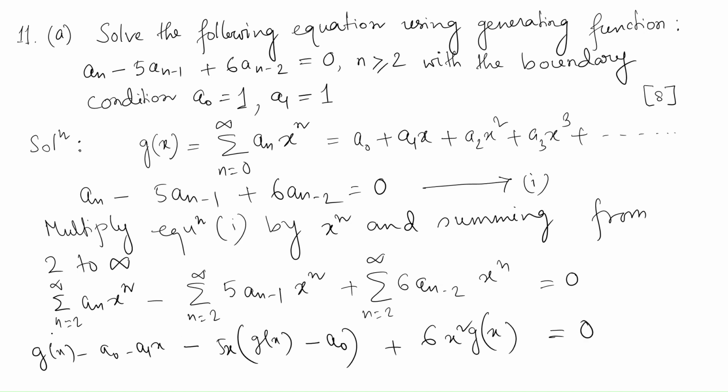Now let us take G(x) common and put the values of a0 and a1. Then we'll get the equation as G(x) equals (1 minus 4x) divided by (6x square minus 5x plus 1).